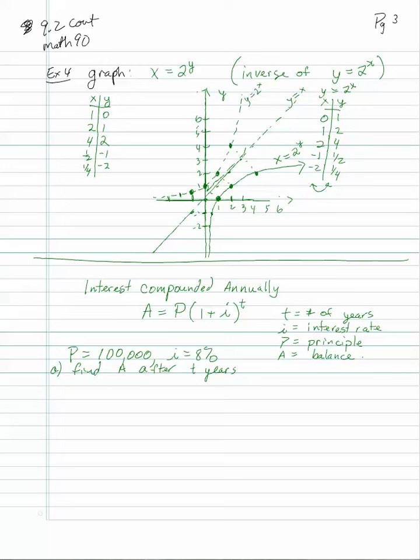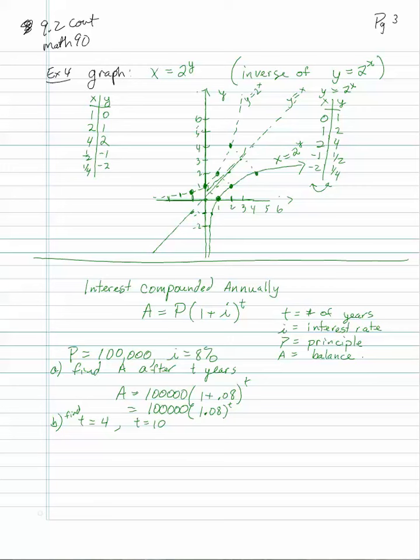So A equals 100,000 times (1 plus 0.08) to the T, and of course you can simplify 1 plus 0.08 to be 1.08 to the T. And B says find the amount of money after 4 years, 8 years, and 10 years. We'll just do a couple. How about 4 and 10?